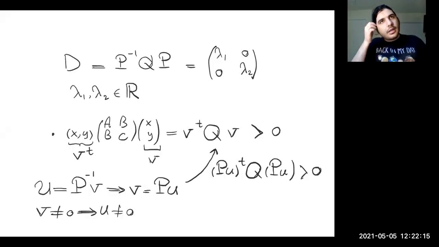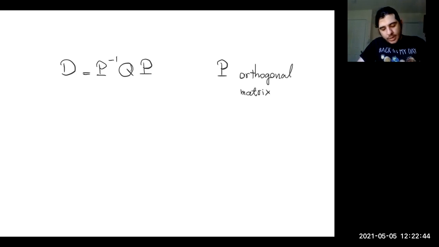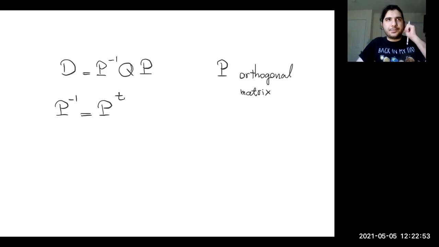So if you remember, we proved one more thing during the previous meeting. We proved we can also assume something about the matrix P. We showed the matrix P, which appears here in diagonalization of Q, we can assume it is an orthogonal matrix. That means P inverse is equal to P transpose. Now, why is it important?